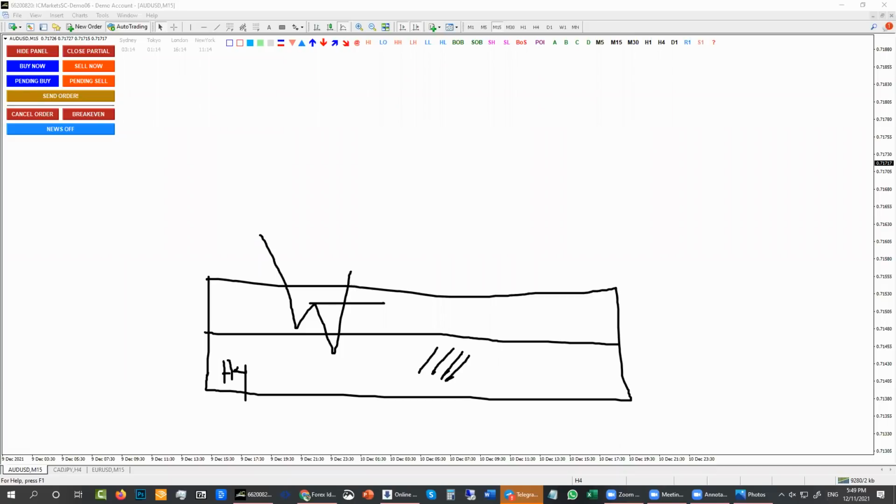Okay, if you trade major pairs like Aussie dollar, euro dollar, GU, I think you can still use M1.